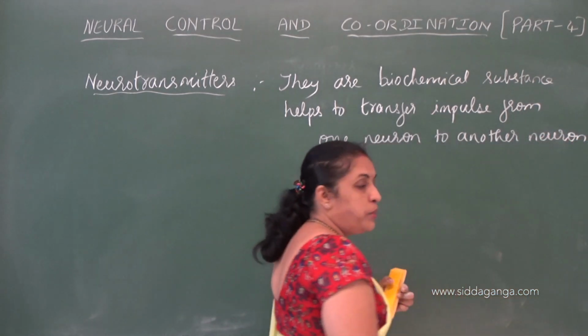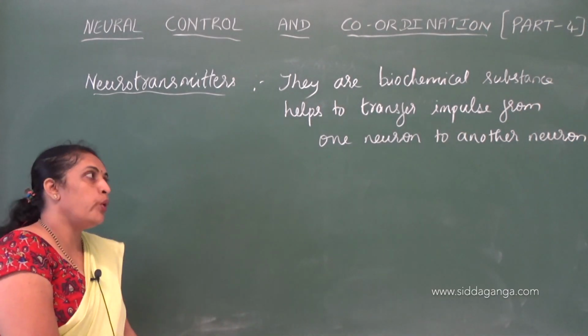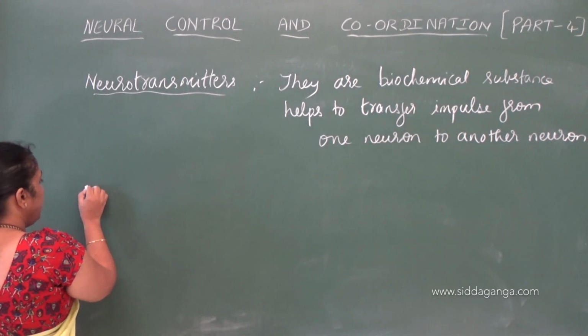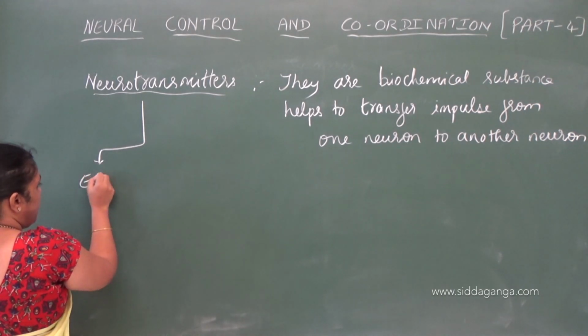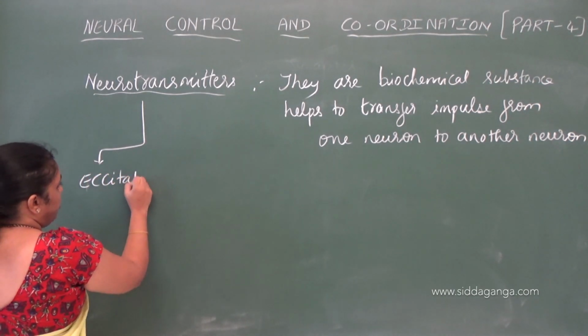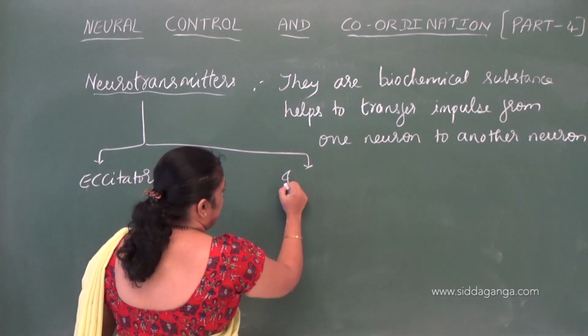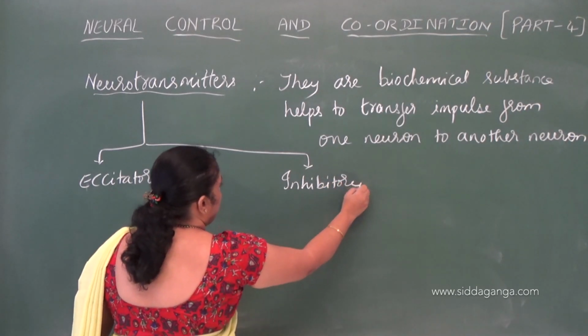We have two types of neurotransmitters. One is excitatory neurotransmitters, another one is inhibitory neurotransmitters.